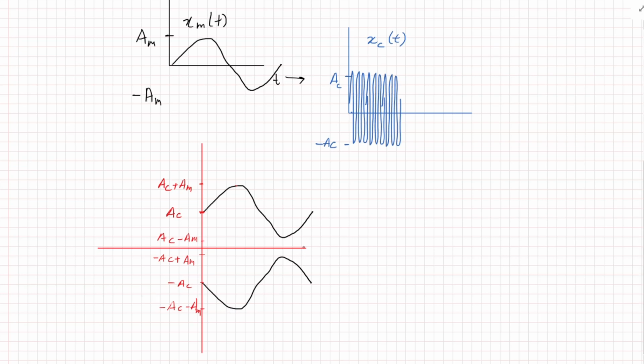The frequency of this signal will be same as that of the carrier frequency, or the frequency of the signal x_c(t), which is represented by omega_c radians per second. Now we draw the resulting signal.